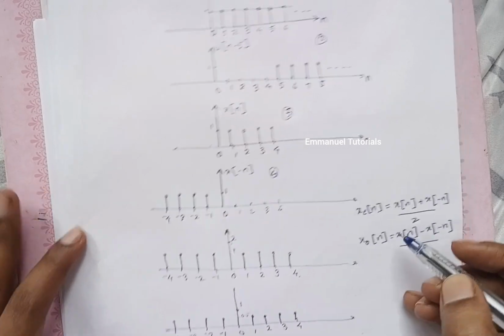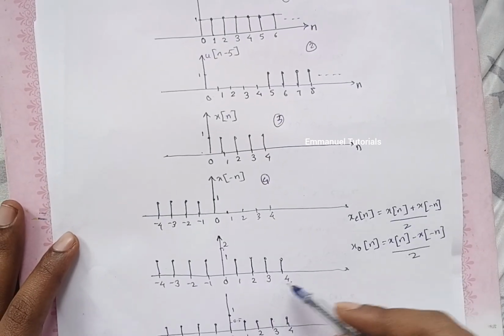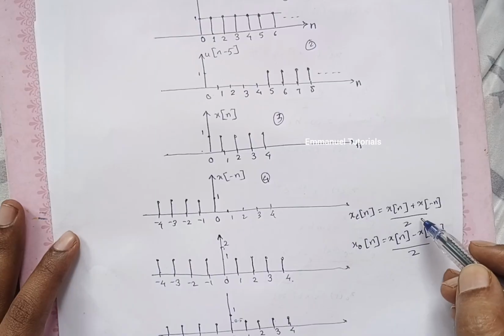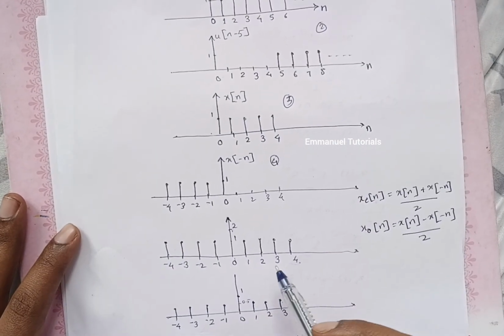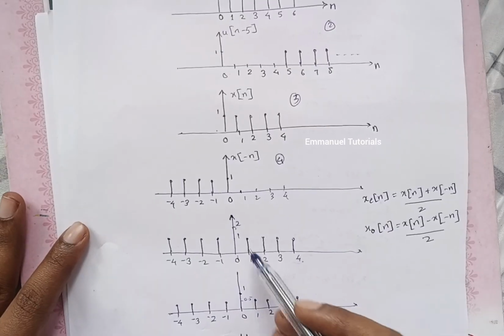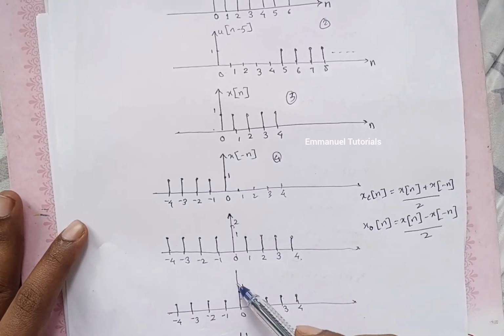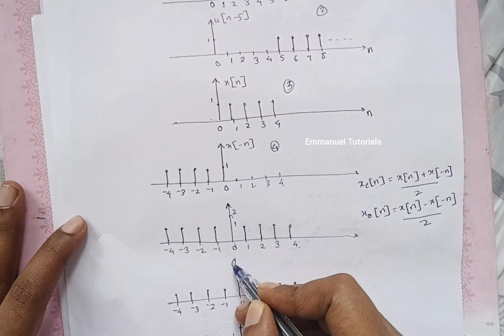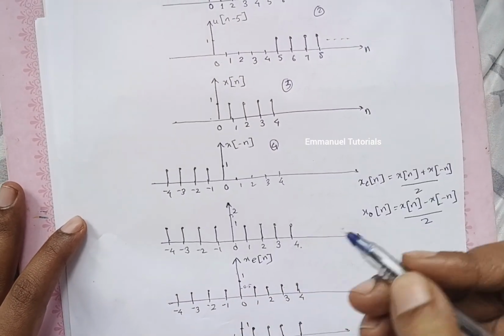Now what we have as even part is not this signal, but the same signal divided by 2. So we'll be doing amplitude scaling by 2, meaning divided by 2. So whatever amplitudes we have here, we have to just divide it by 2, and that is what we have over here. This is our x e of n.